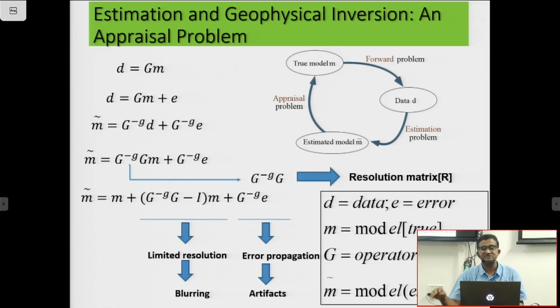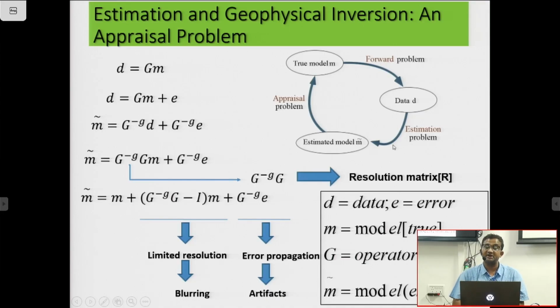So here you will see that we start with the true models, apply the forward theory, compute the data, and then check how close the data is to the true one. Then the estimation problem starts, which can use iterative methods, and finally it leads to the optimal solution, which we call the estimated model.